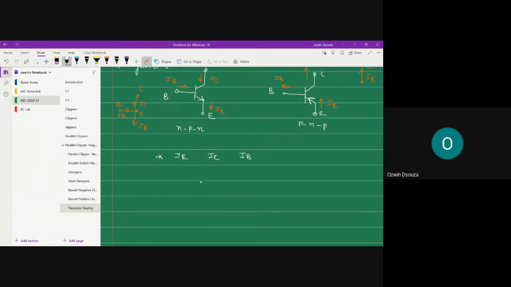If I consider the junction structure of, let's say, an NPN transistor, you will have an N layer, and then you will also have a P layer.